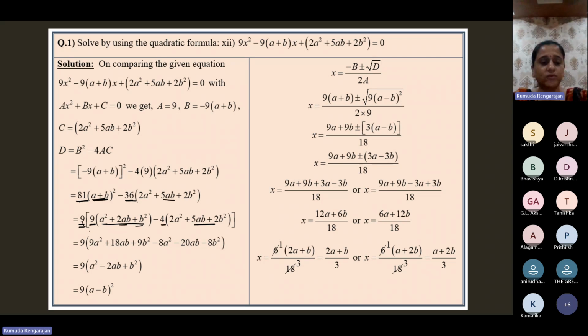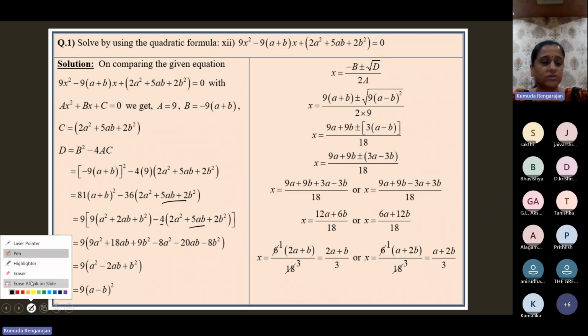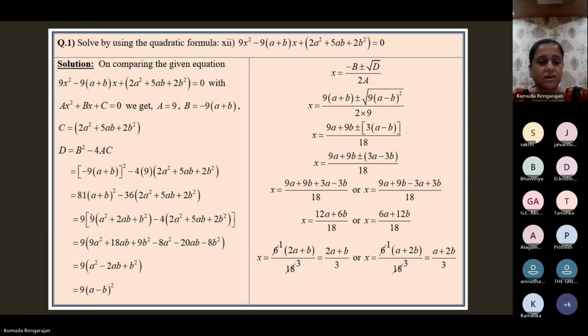And then 9 into 4 is 36, and then this bracket as it is. So now there's this 9 outside. 9a square, 18ab, 9b square. This 9 as it is. And here minus 8a square, minus 20ab, minus 8b square.